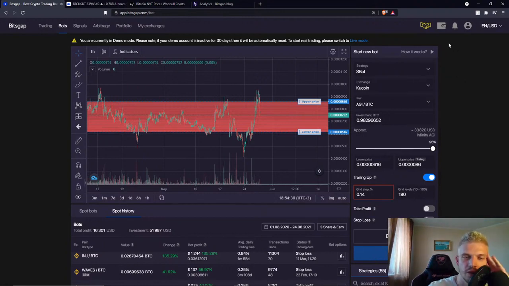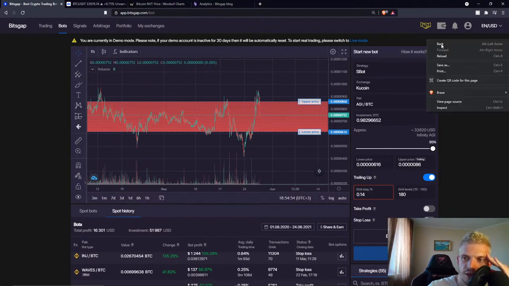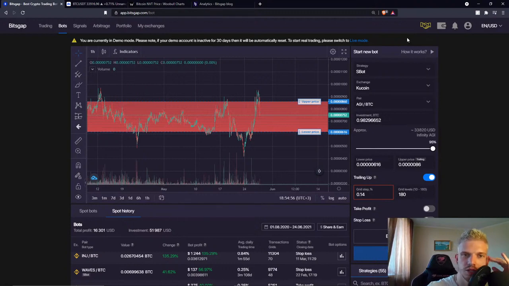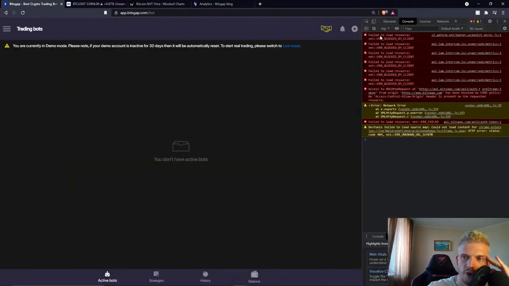So right now you don't have the mobile app, but it's in the process. But even though you can still trade from your mobile device, whether that's an Android or Apple device, you can still do that from your web browser. That's actually the way I do it.